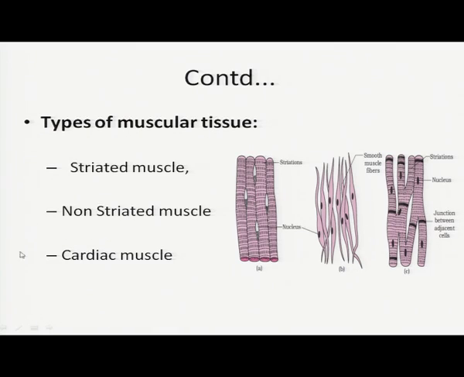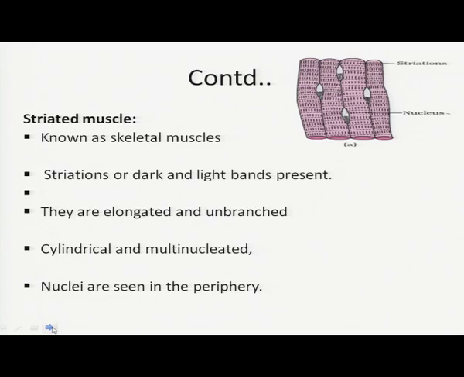Now, coming to the different types of muscular tissue: striated muscle, non-striated muscle and cardiac muscle. Very important concept. What are the characteristics of a striated muscle? You can see the diagram and try to identify the characters here.